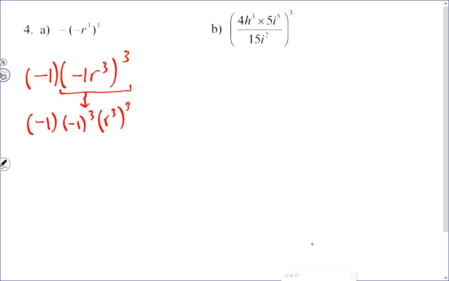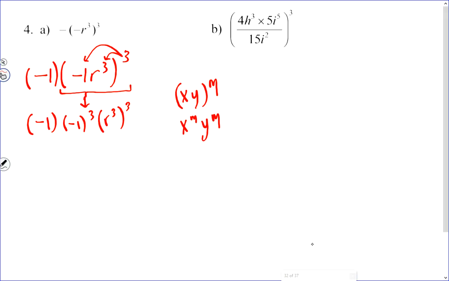I have to, with a power of a product, apply that exponent to the first part and to the second part. Because xy to the m is x to the m, y to the m.